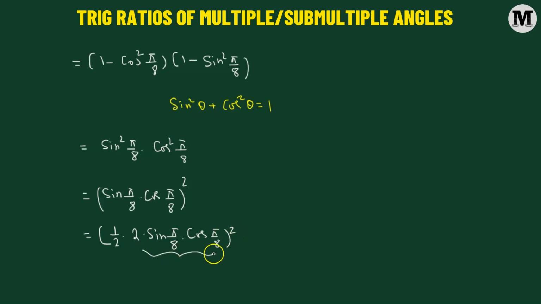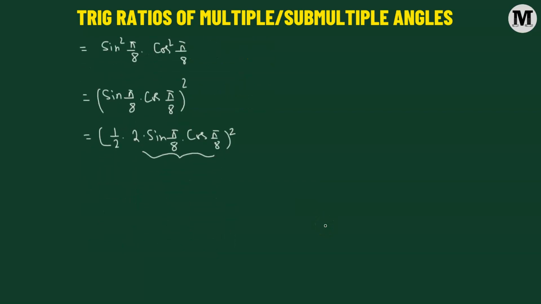The reason we are writing it in this particular fashion is that we will be using the identity that whenever we have 2 times sine of some angle theta times cosine of the same angle theta, this is simply sine of the angle 2 theta. This is a trig ratio of a multiple angle, so we have half multiplied by 2 times sine pi over 8 times cosine pi over 8, which will become sine of 2 times pi over 8, and we're going to square this value.